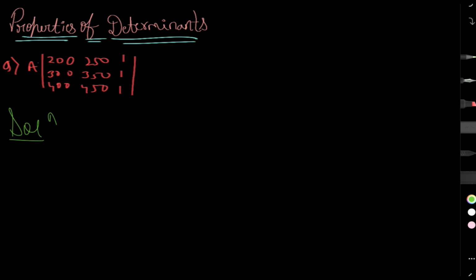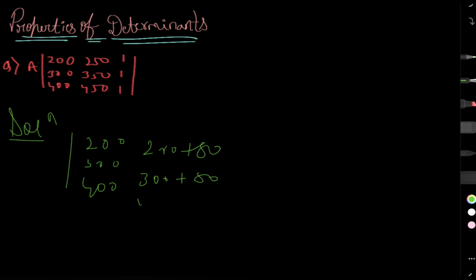See, let 200, 300 and 400 be like that only here, and here 250 I will break into 200 plus 50, and here 300 plus 50, and here 400 plus 50, and here 111.